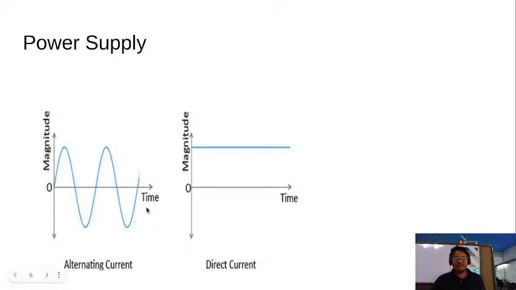So you can see in our home, alternating current comes, and this is the graph of AC, and this is the graph of DC, which is a straight line, if you see. So there are two kinds of power supply, AC and DC. I hope this is clear.